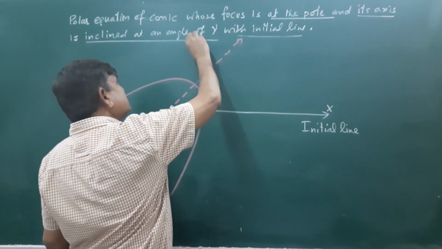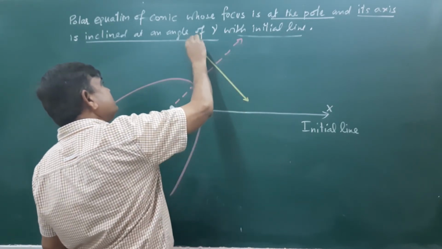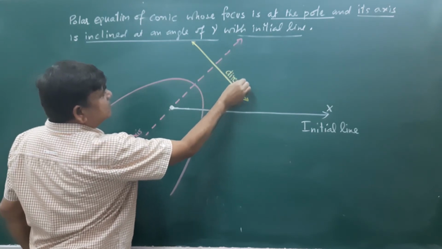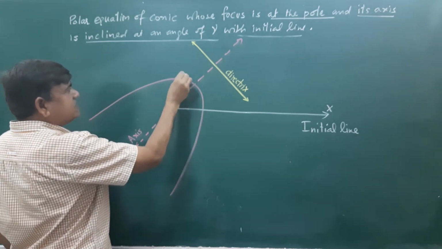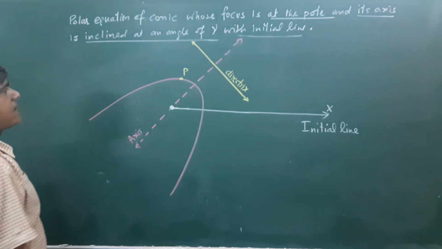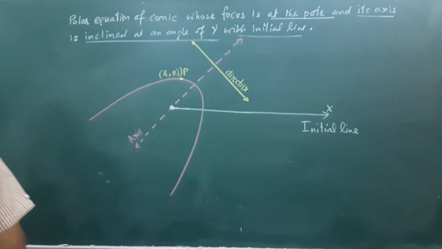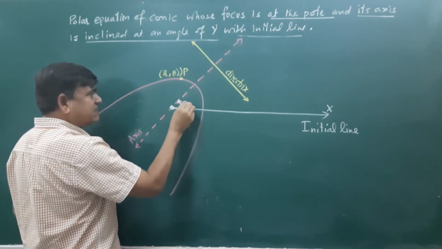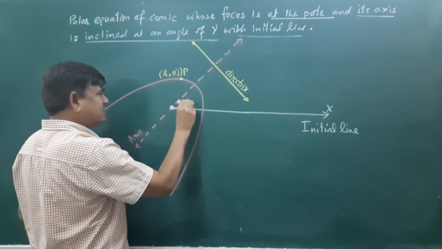Definitely, this will be the directrix. Remember, directrix is always perpendicular to the axis. This is directrix. This is any point P on conic R, P. Remember, axis is an incline with an angle gamma. So this angle is gamma. Here it is.